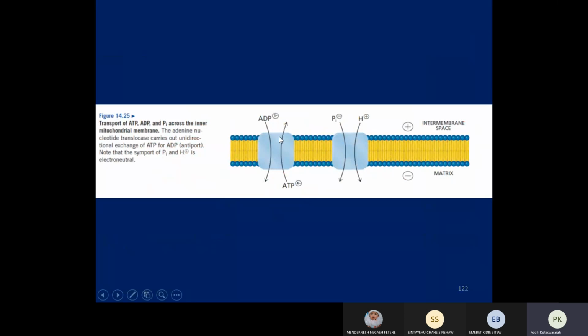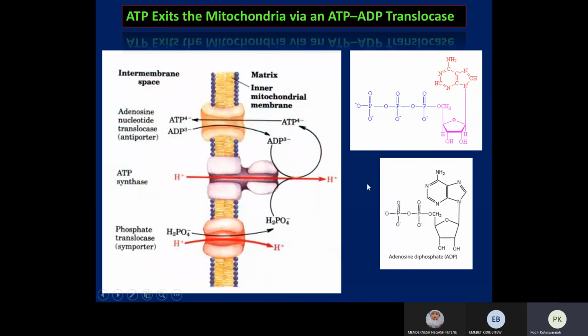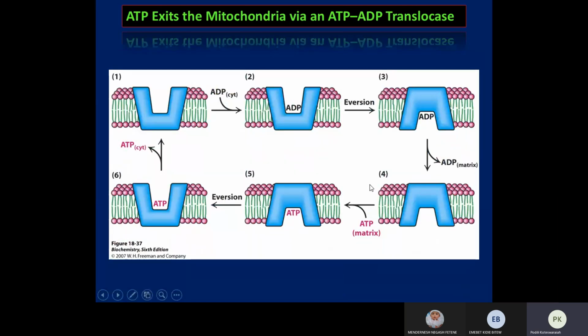And of course, the formation of ATP from ADP and Pi also requires another Pi. So when the ATP leaves the matrix to the cytoplasm, there is a net minus 1 charge difference, and in order to compensate for this, one inorganic phosphate and one proton enter into the matrix.